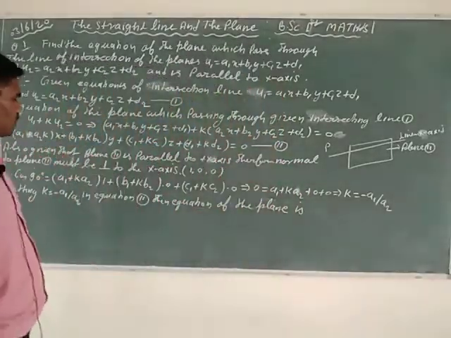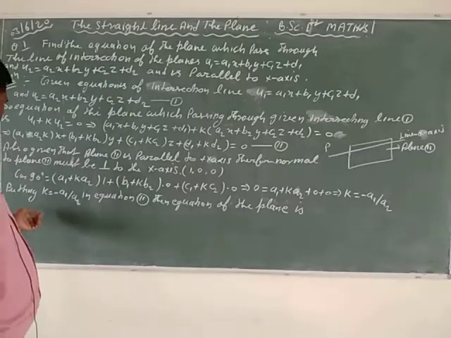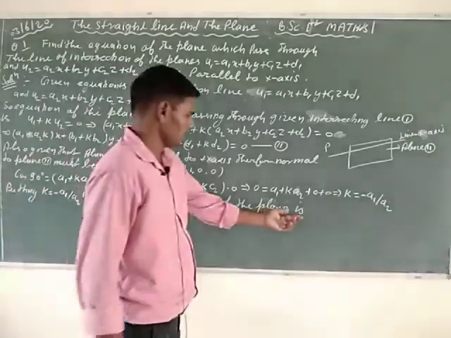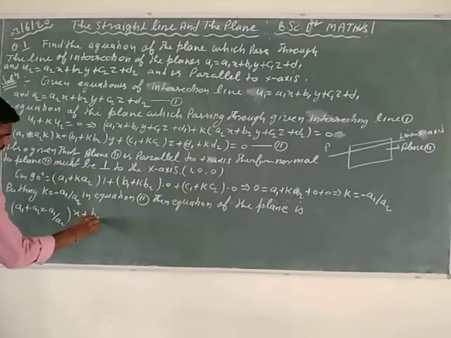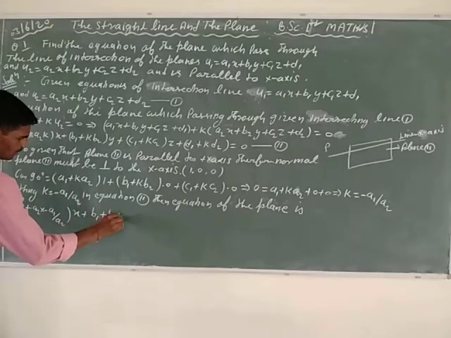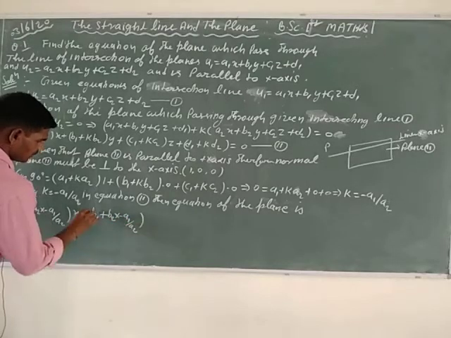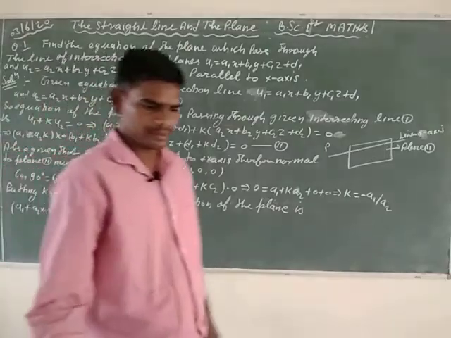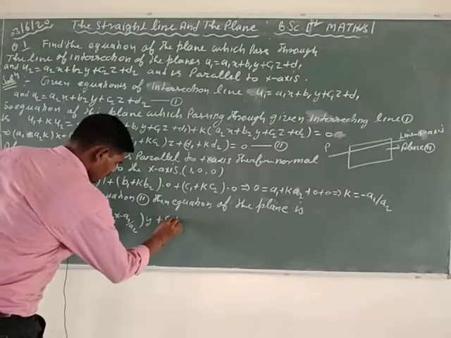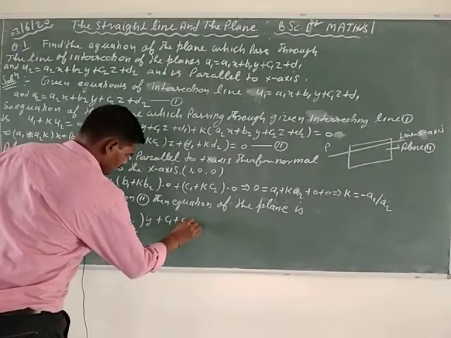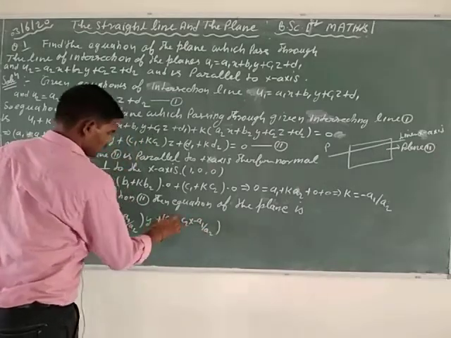Putting it in the equation, the equation of the required plane is a1 plus k a2 times x, that is a1 plus a2 times minus a1 by a2 times x, plus b1 plus b2 times minus a1 by a2 times y, and in the z component c1 plus c2 times minus a1 by a2 times z.